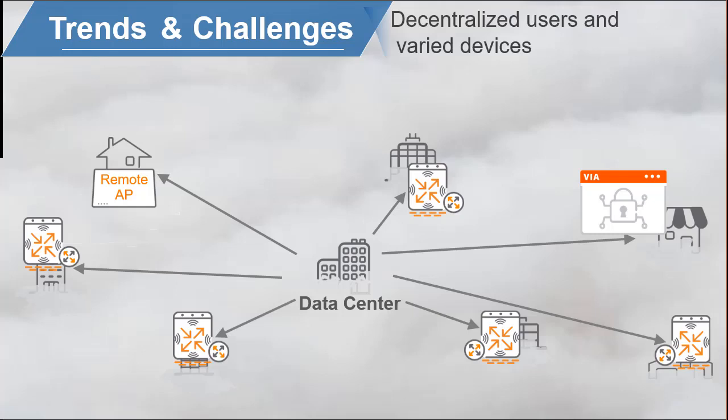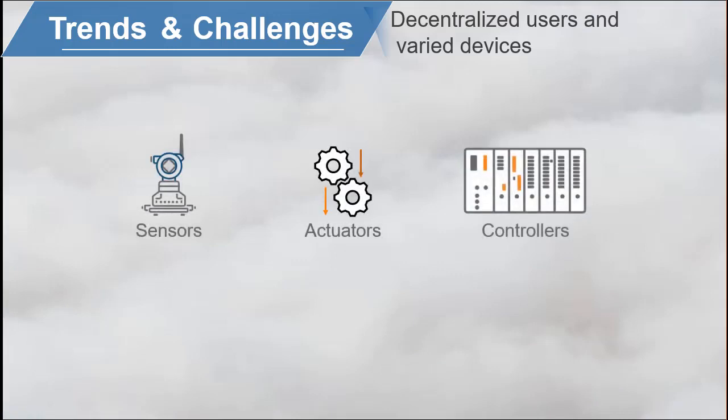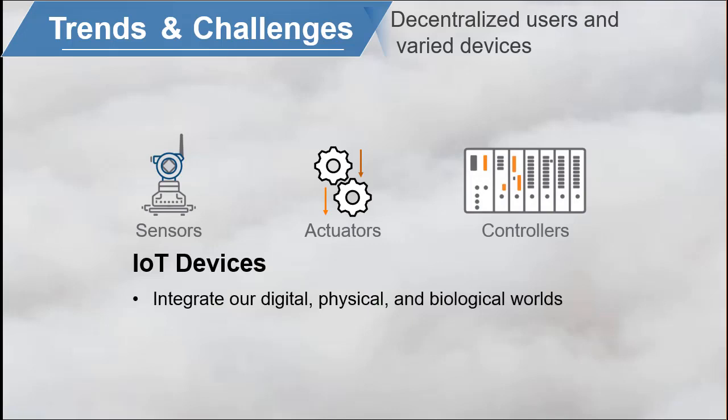Now, these endpoint issues become even more challenging with the proliferation of Internet of Things, or IoT systems, which often consist of sensors, actuators, and controllers that help to integrate our digital, physical, and biological worlds.